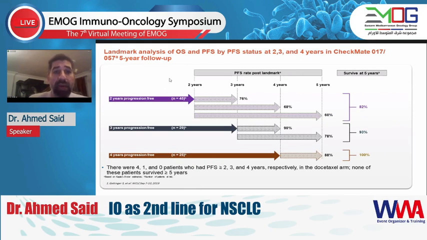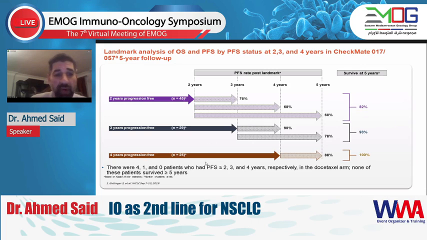Here, what I'm talking about is maintaining progression-free survival. So the patients who have 2-year progression-free survival will have a 76% chance of still being progression-free at 3 years, 68% at the 4th year, and 60% to be progression-free at the 5-year. And whenever the patient is still having non-progressive disease with time, the chance of maintaining this response without progression increases.